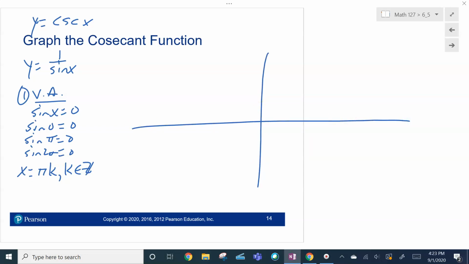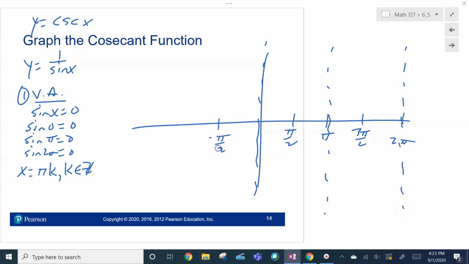So I'm graphing this thing. I get a vertical asymptote at x equals 0, x equals pi, x equals 2 pi, and so on.